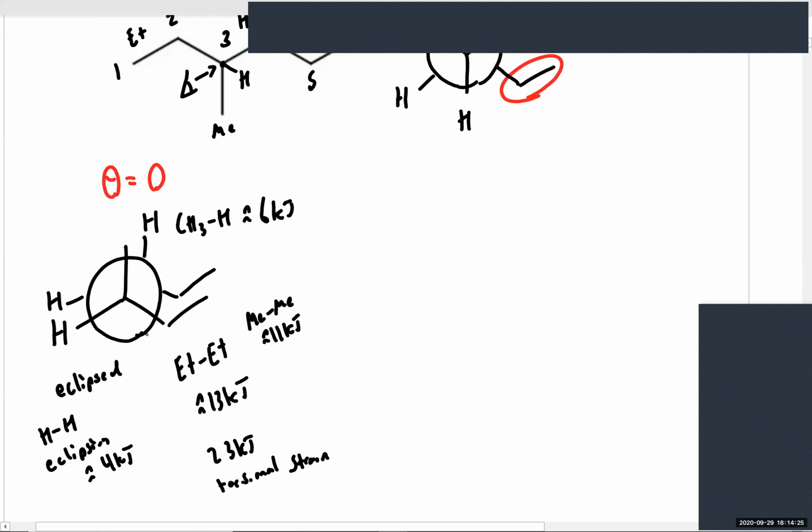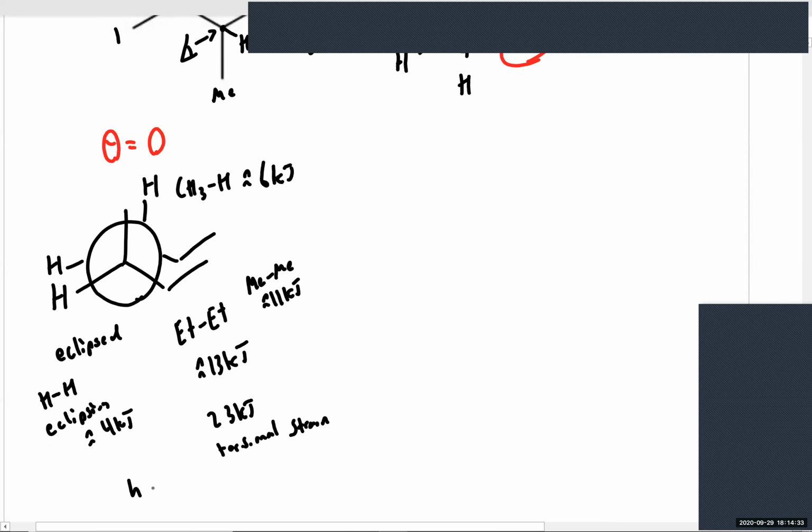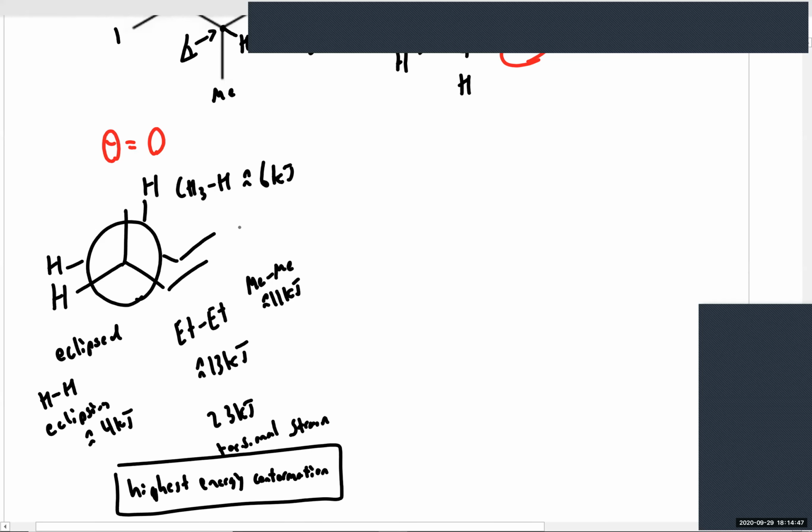Because this eclipsed conformation has our bulkiest substituents eclipsed, it is likely going to be our highest energy conformation. If you're looking for the highest energy conformation, you want to have your largest substituents eclipsed.